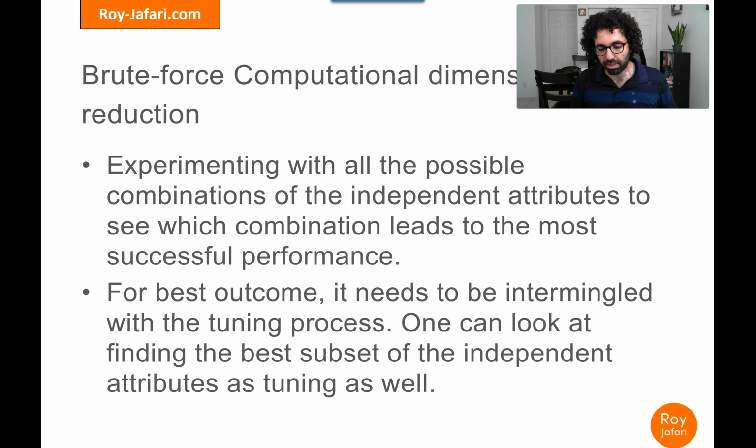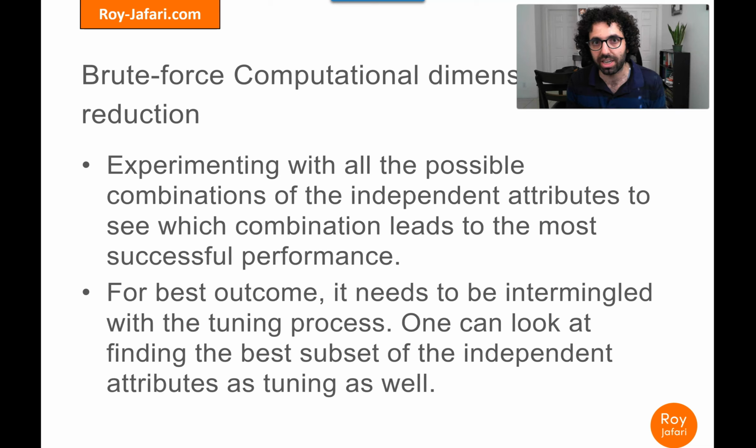So the next method is brute force computational dimension reduction. Basically, it's experimenting with all the possible combinations of the independent attributes for an algorithm to see which one works best for that specific algorithm. And the second point here, you can see, is that it is best to see this as a part of the tuning, right?